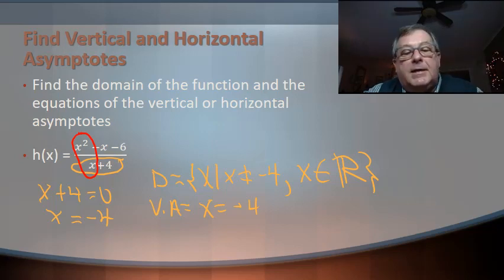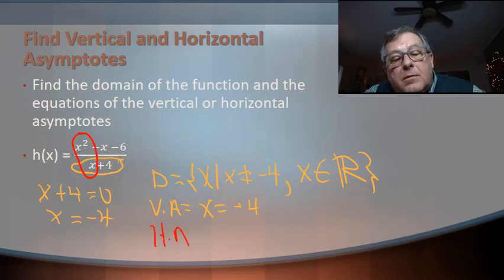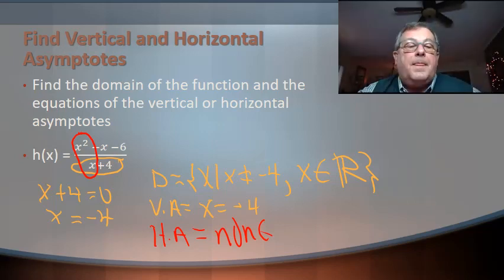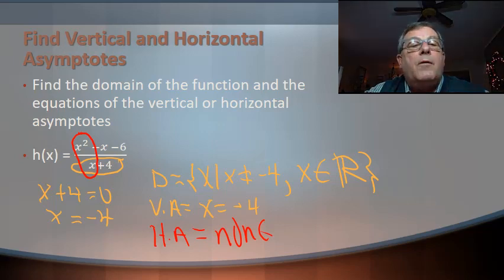And that's going to tell me, because of the rule we looked at in the opening slide, that I am not going to have a horizontal asymptote. There is none. Or I could just say there's no horizontal asymptote. Now, we may discover a little bit later on there's an oblique or slant asymptote, but again, we'll take that up later.